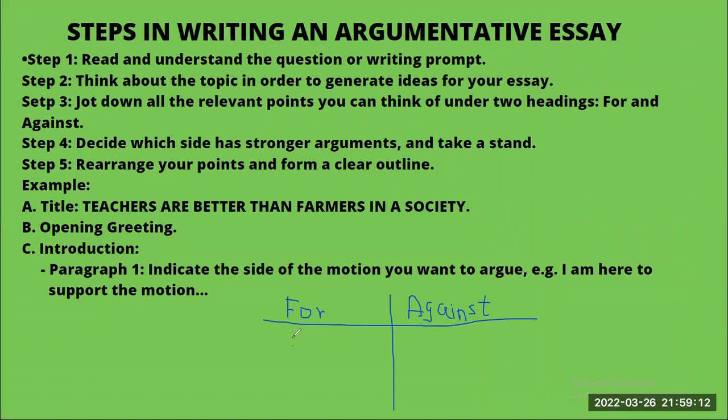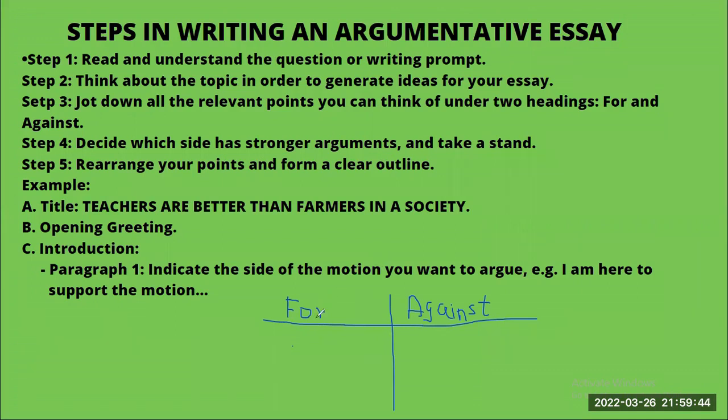And then to make your points very powerful, you reorganize your points and probably merge some points into stronger points. You may decide to choose 3 or 4 very cogent points, all right, that are very convincing, that you can discuss convincingly, all right? So that's point number 4, where you decide which side has stronger arguments and take a stand.